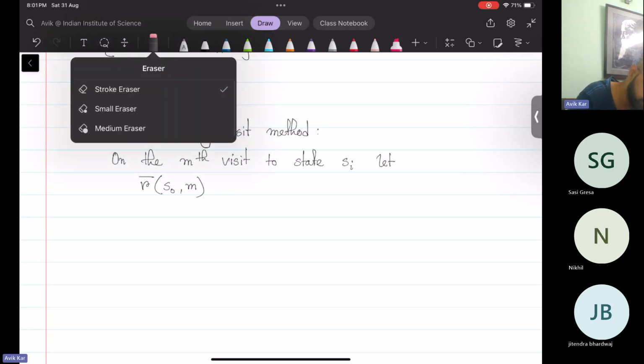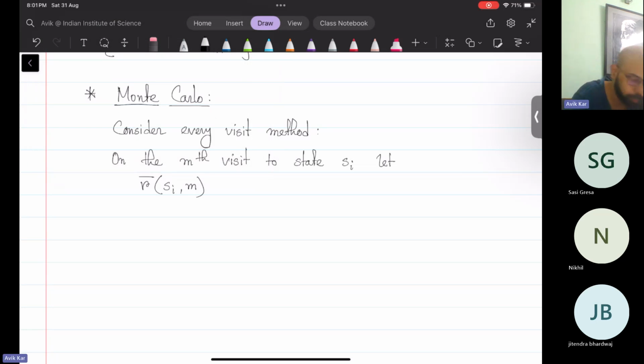I don't want to be specific to one state, i, which is not the termination state. Okay, there is a problem: i also denotes the state at time i, right? So I need to use something else. Okay, let's just keep it s, which is not the termination state.